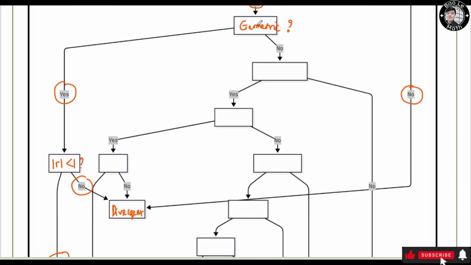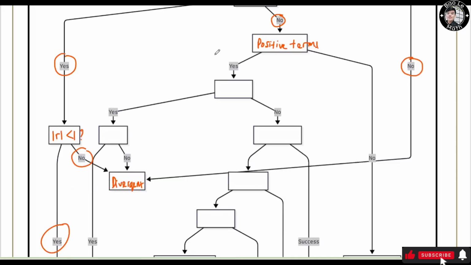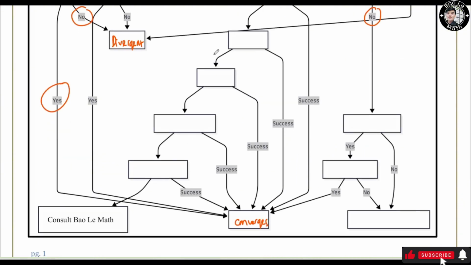If the series is not geometric, you check to see if there are positive terms. If no, you check to see if the sign alternates. If yes, you check to see if the series is decreasing. If it is decreasing, then the series converges.